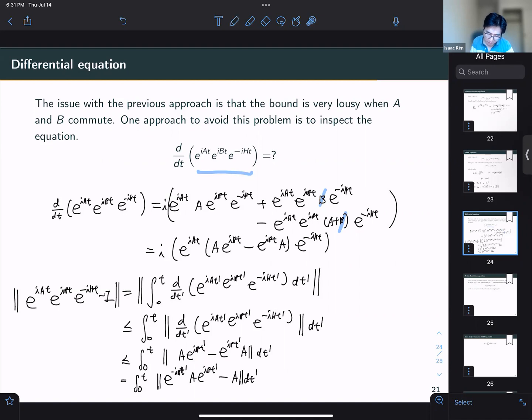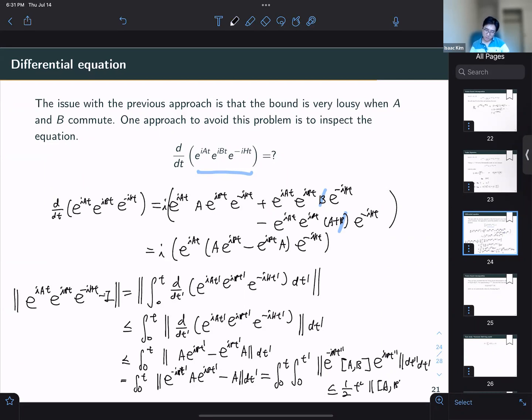I can take the derivative of this again, and that's simply B e to the minus iBt'' e to the iBt'' dt' dt', which ends up being, after removing both these unitaries, one half t squared times the commutator of A and B. So this is a flavor of how people prove the so-called commutator bound.